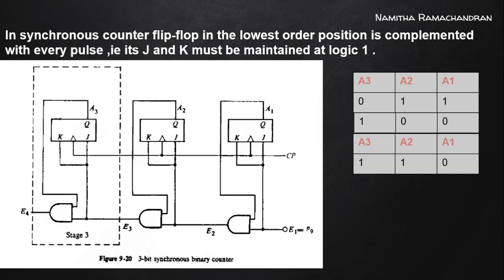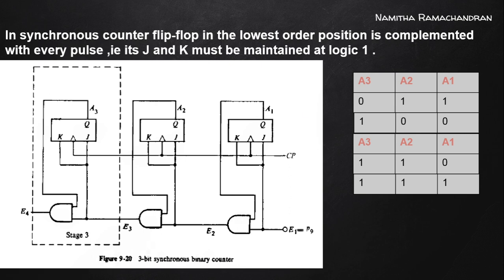Okay. Now consider another example with A3, A2, A1 with value 1, 1, 0. Okay. So first case, J and K is directly applied with input value 1, 1. So directly complement this A1 value. Here it is 0. So in the next state A1 holds the value 1, the complemented form of current state value.